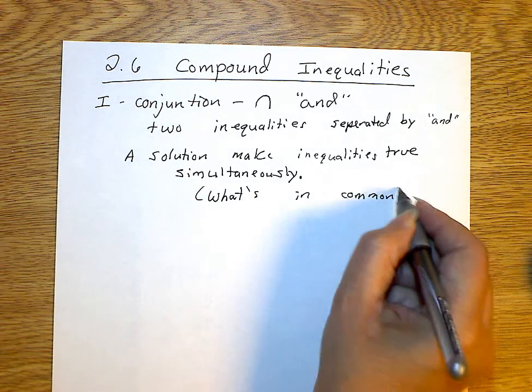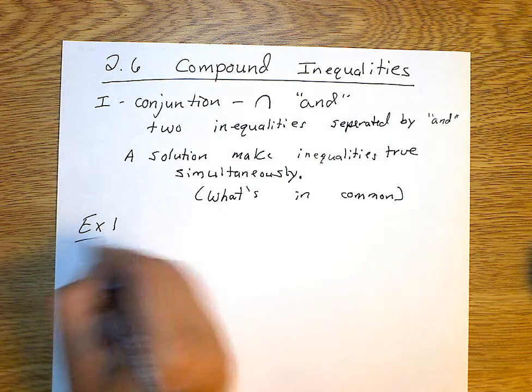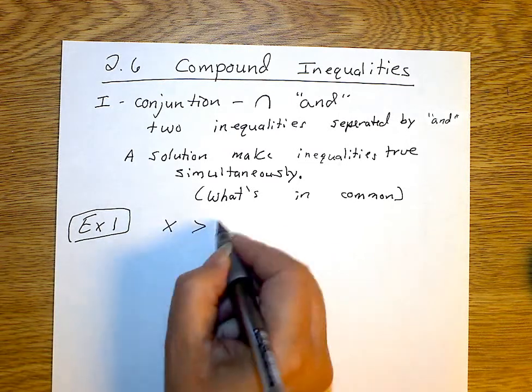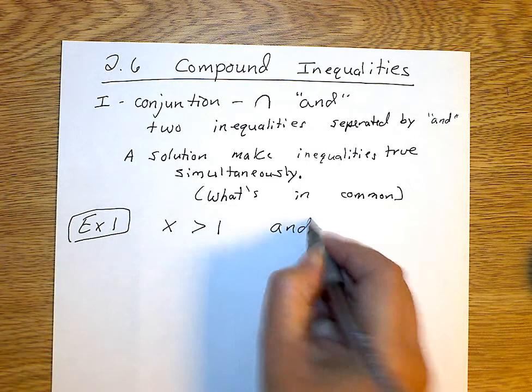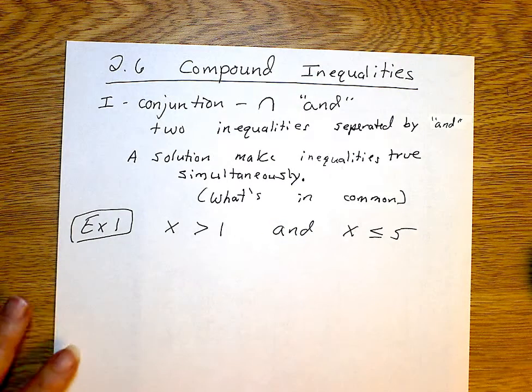What do these problems look like? Here we go. Example 1. So we have x is greater than 1 and x is less than or equal to 5. That's what it's going to look like.